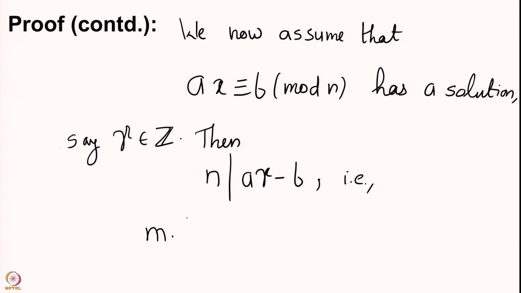m into n by m divides m into A by m gamma minus B by m.